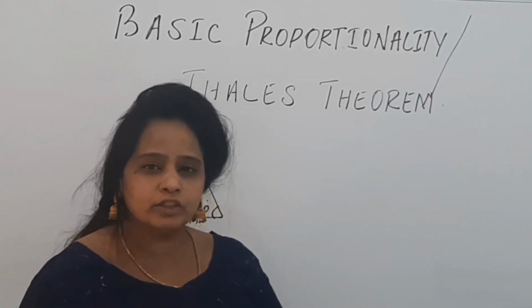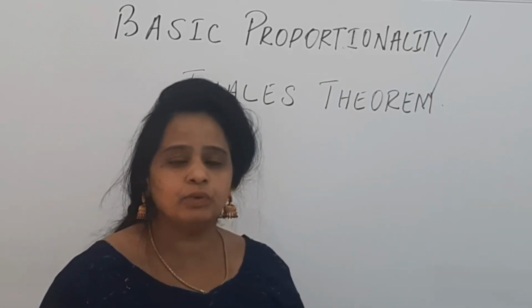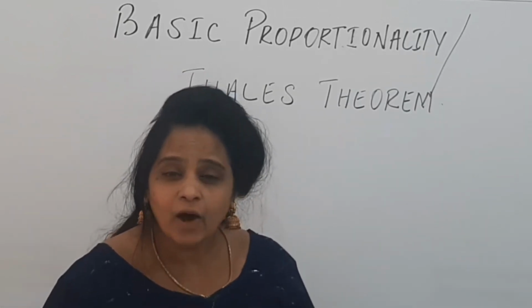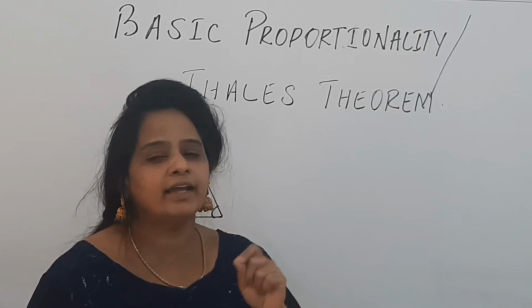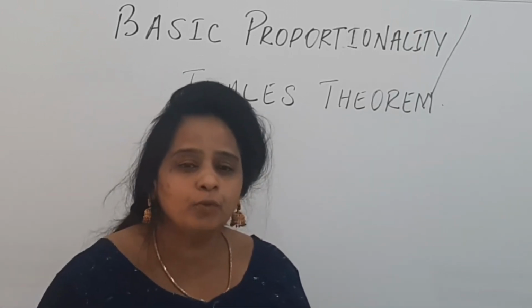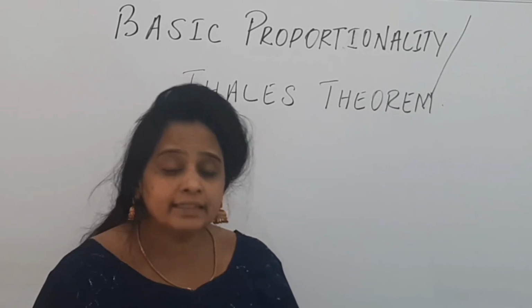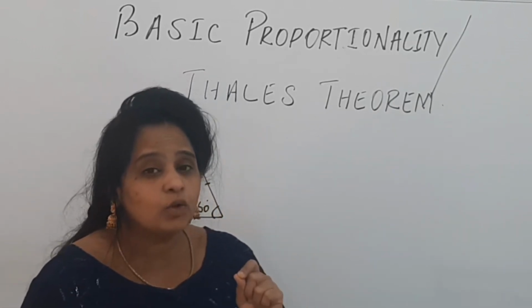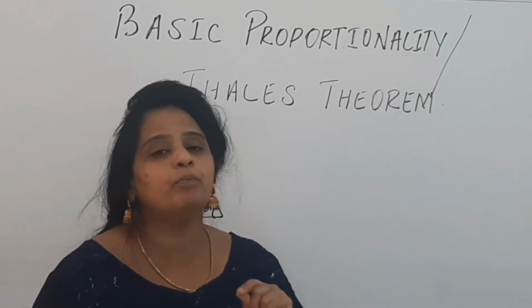How could this be possible? Yes, yesterday in the previous video I spoke about the quadrilateral. Now I am specifically talking about the triangle. This is not my viewpoint, this is the viewpoint of the mathematician Thales. He said this holds only for the triangle, not for any other polygon.